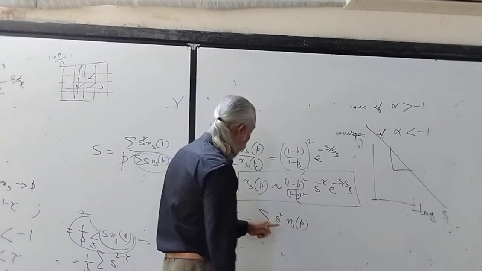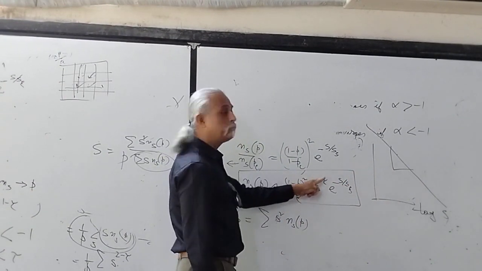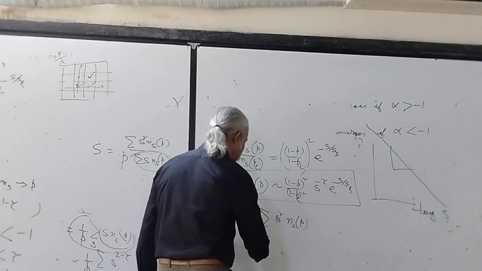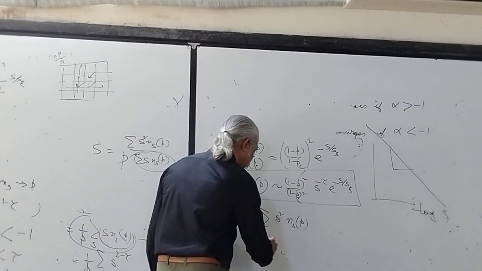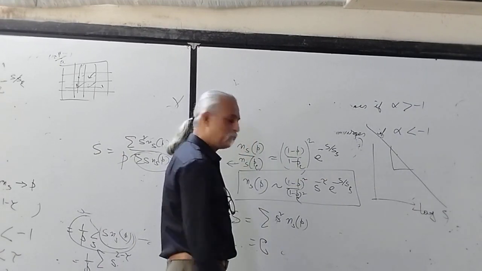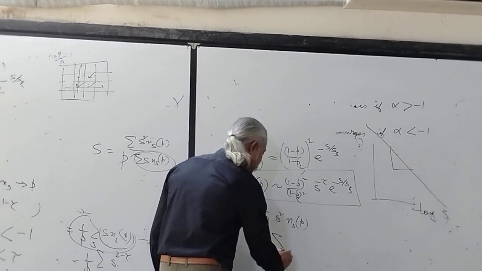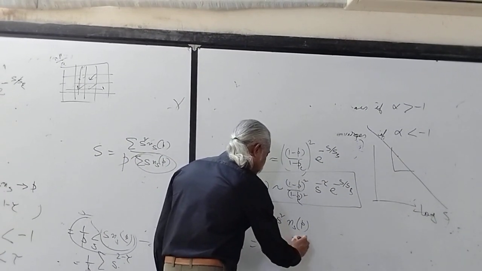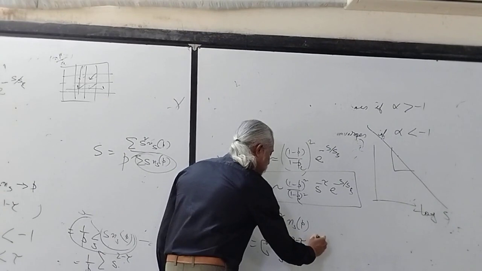What is important is s to the power minus tau. তাহলে এখানে যদি বসাই, একটা ফ্যাক্টরকে আমরা c বলি, sum over s to the power 2 minus tau e to the power minus s by s theta.